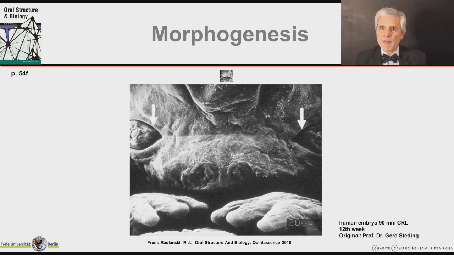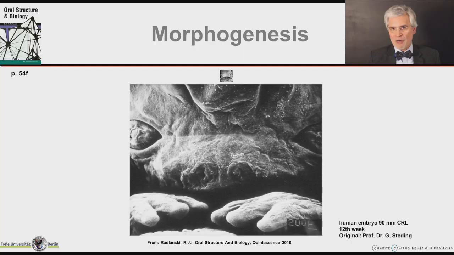Here the epithelium has made a fold, and you can imagine if it continues to grow from above and from below, then the eyelids will meet from above and from below, and thus the eyelid gap will be created. And by the way, this kind of growth will continue throughout life. Take a look in the mirror, and at some point we have much more eyelid skin than we actually would need to cover the eye.